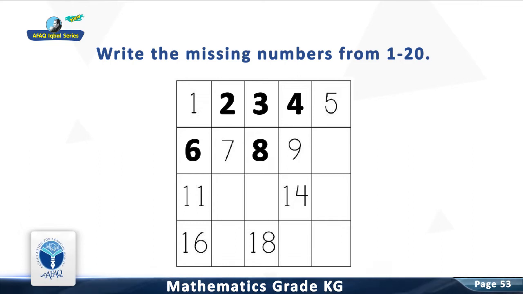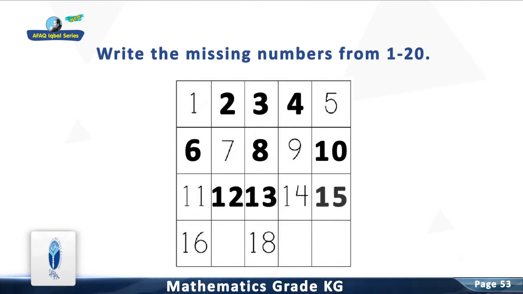9 is already written. Now write the number that comes after 9. Good. It is 10. 11 is already written. So write the number that comes after 11. Good. It is 12. Now write the number that comes after 12. Good. It is 13. 14 is already written. So write the number that comes after 14.